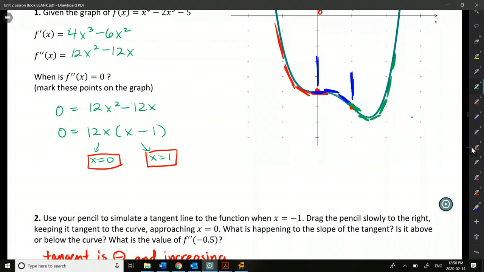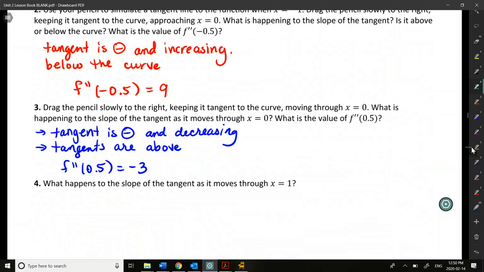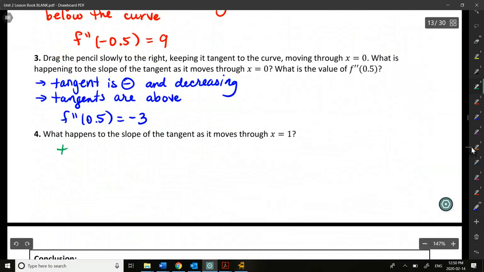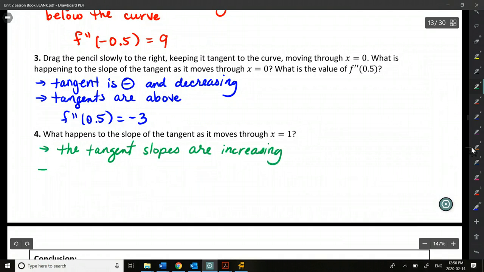So this section has both negative and positive tangents, but after 1, the tangents are increasing. They're starting negative, they go to 0, and then they start getting more and more positive. So we'll just say the tangent slopes are increasing. And we should notice as well that the tangents are now below the curve again.